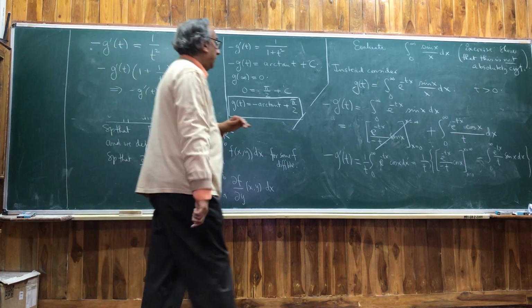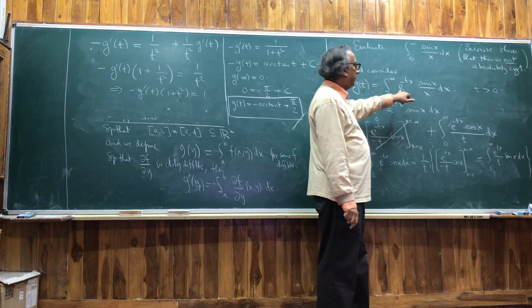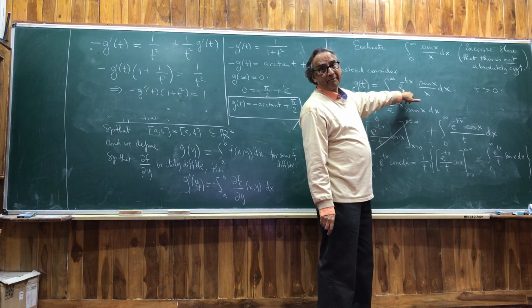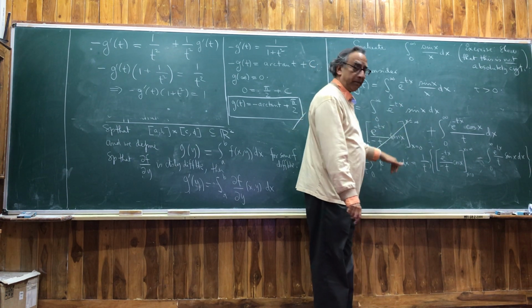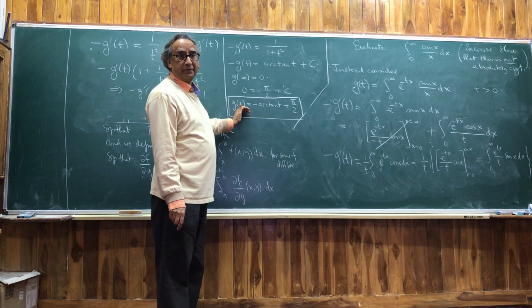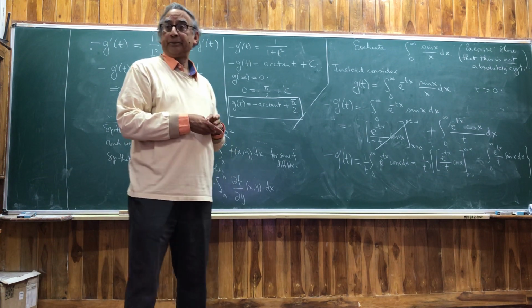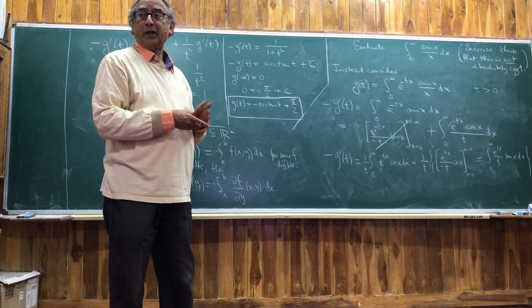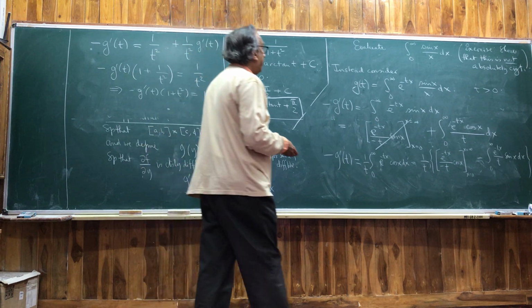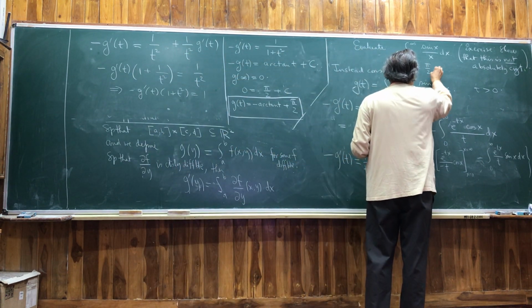So what did I do? I was confronted with this problem, but I changed the problem and made it harder, and then applied this technique and actually solved it for any t positive. Now we can take the limit as t goes to 0, and you get that the integral is pi by 2.